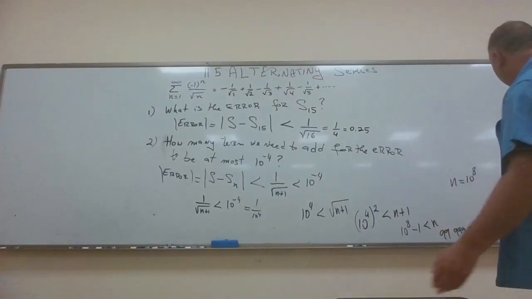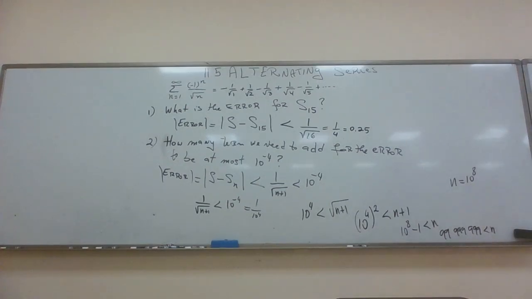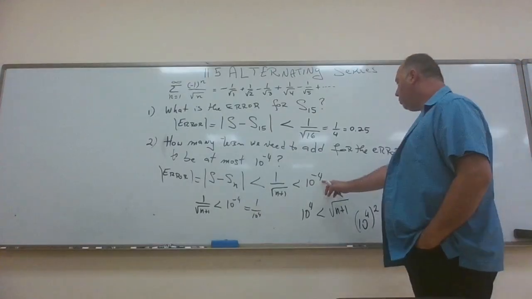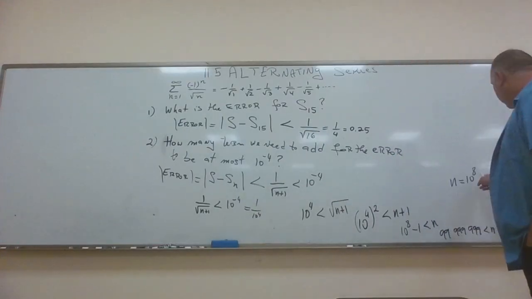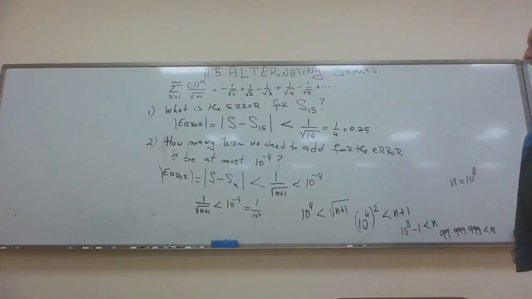So I need this many terms in order to get an error that is smaller than 10 to the power minus 4. So that's a lot of terms. That's an example of application of the error expression on a convergent alternating series.